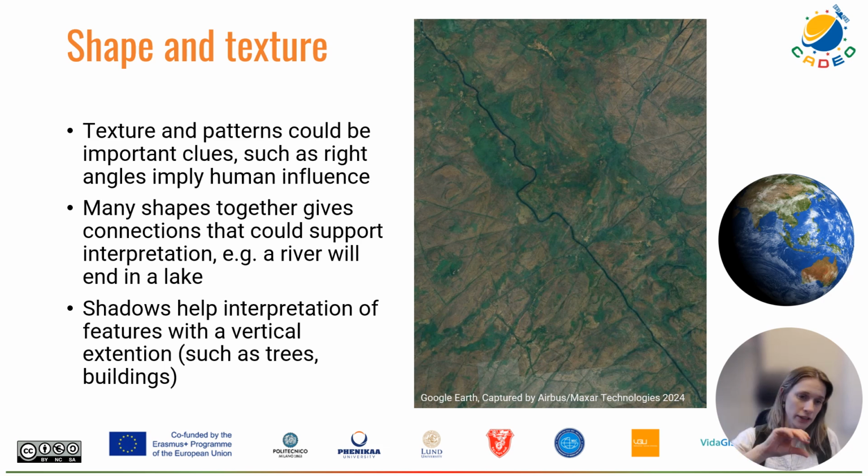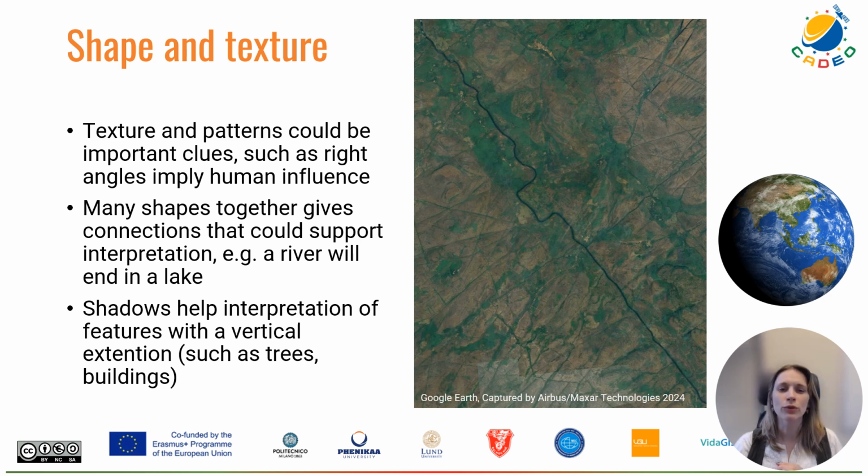So rivers are connected to lakes, and we know that it should be. And this is something that we as humans know, but computers that are automatically classifying things may not know that, or at least very basic algorithms do not have that understanding, which is why we are generally better than computers at interpreting satellite images.